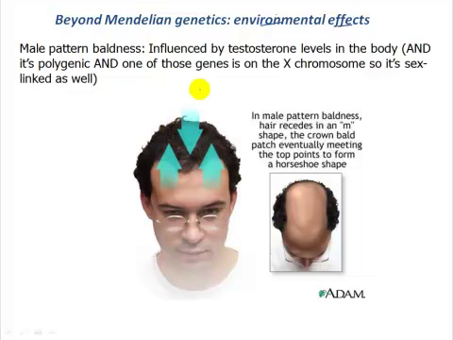So the cool thing about this is that it's influenced by environment in such a way that testosterone levels in the body can influence the expression of this trait. Individuals who have high testosterone have earlier onset of male pattern baldness than individuals who have lower testosterone levels, which is a really weird thing if you think about it, because what that's saying is that the hair follicles that are specifically located here on the top of the head are influenced by testosterone levels in a way that the hair follicles on other parts of the head and the rest of the body are not.